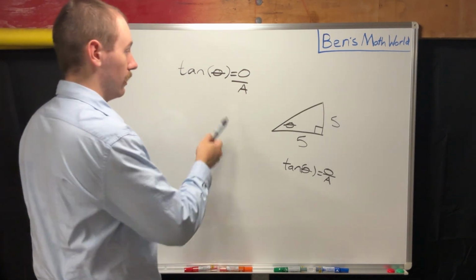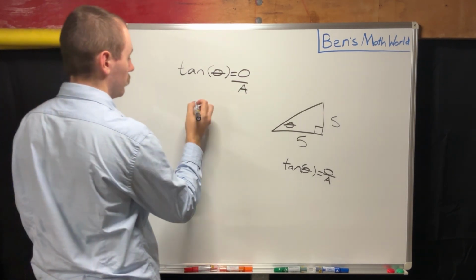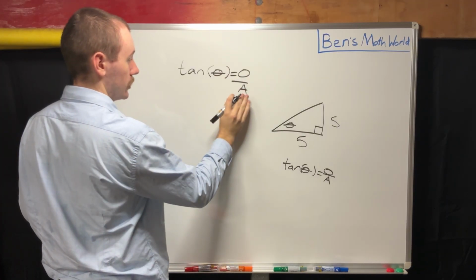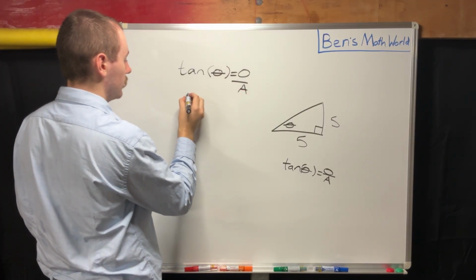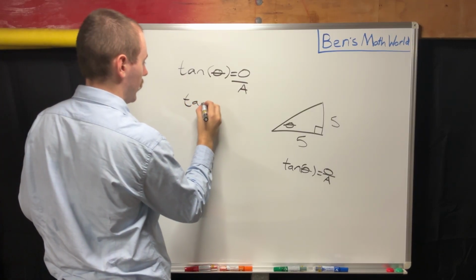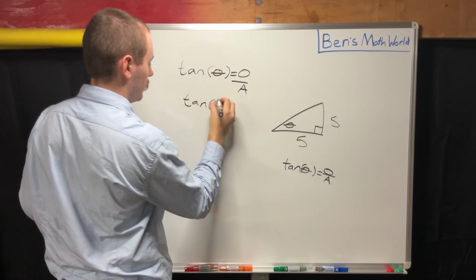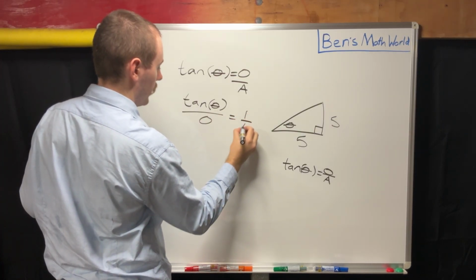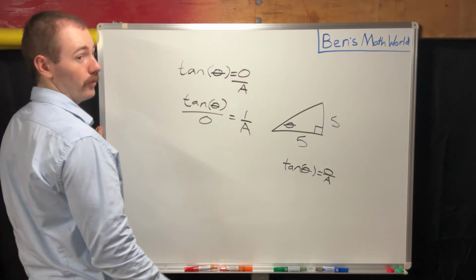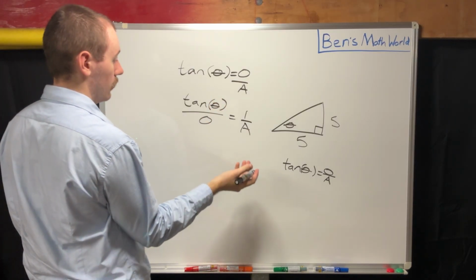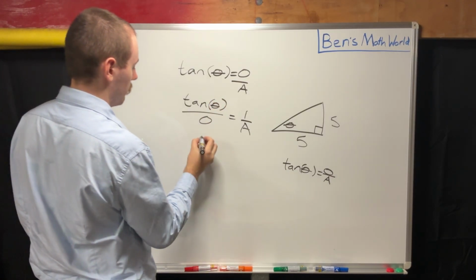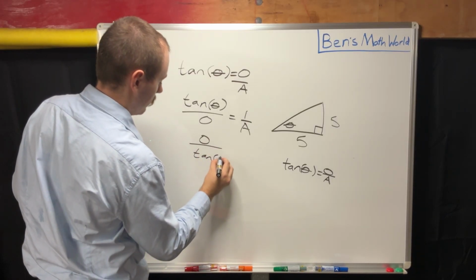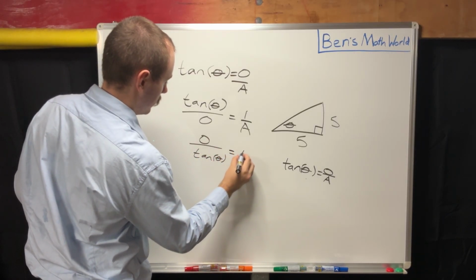Now for this one, we're going to start with our trusty equation again. I'm going to take the opposite away so that we're just isolating the a and we can find that. So tan theta over O equals 1 over a. And now like before, we're going to flip the fractions, or inverse them, and we get O over tan theta is equal to a.